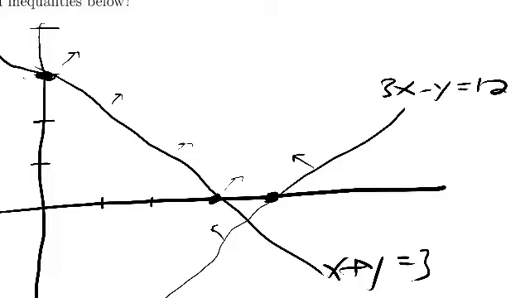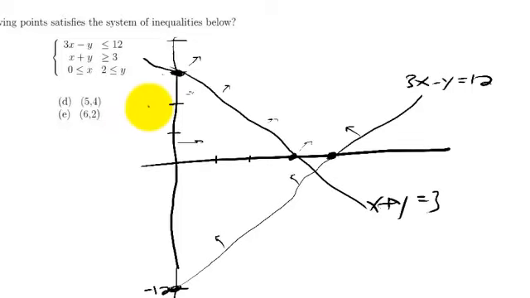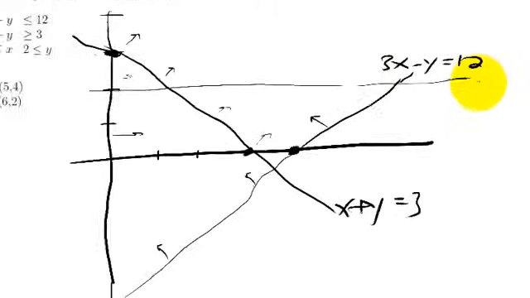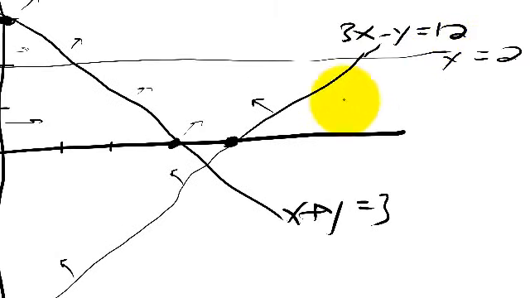Alright, x has to be greater than or equal to 0, so that means we have to be over here. And y has to be greater than or equal to 2, so if I make this line, that was awesome. Okay, that's the line y equals 2. So my shaded region will be up here.